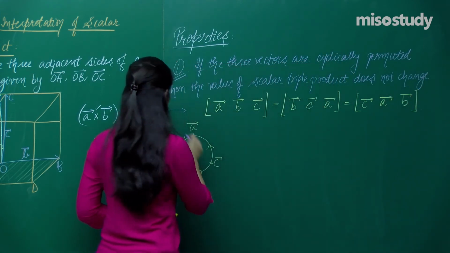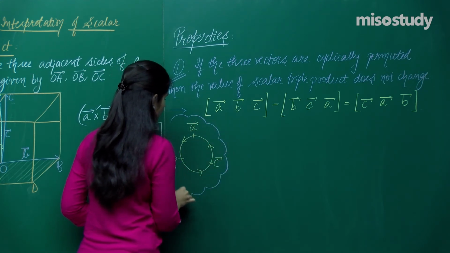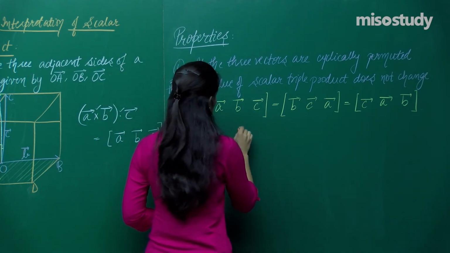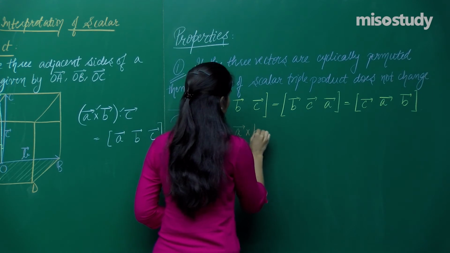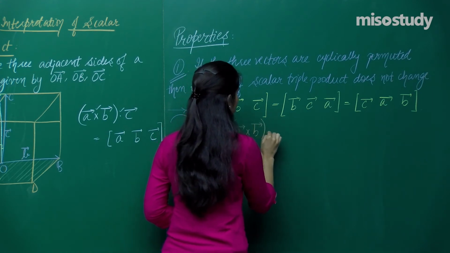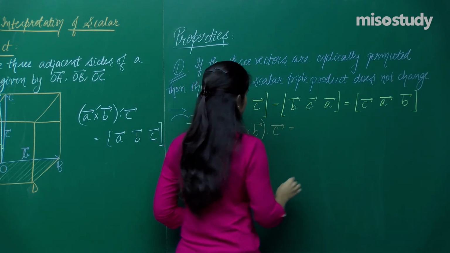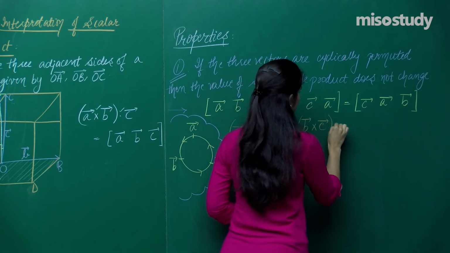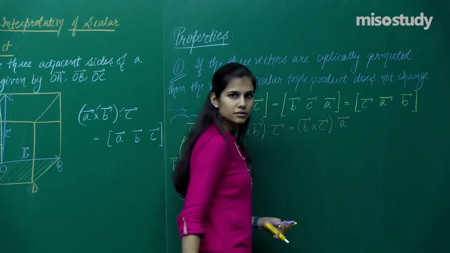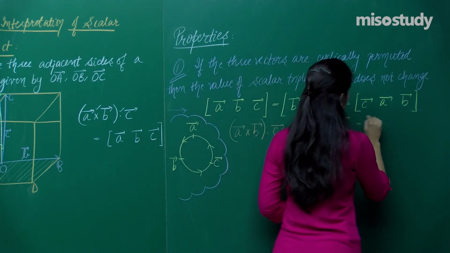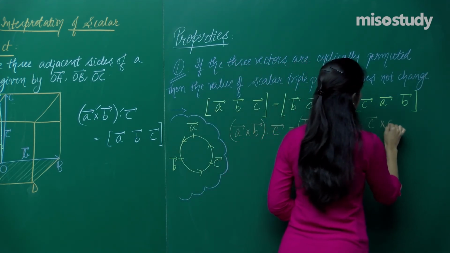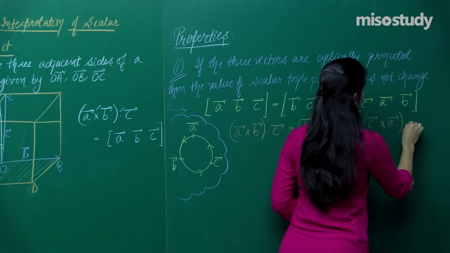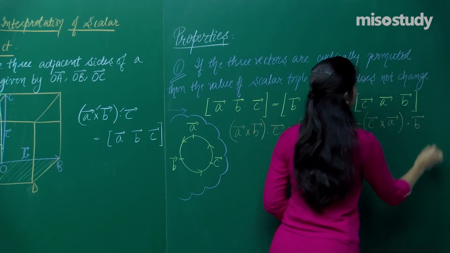So basically what this is trying to say is that A vector cross B vector dot C vector is equal to B vector cross C vector dot A vector is equal to C vector cross A vector dot B vector.